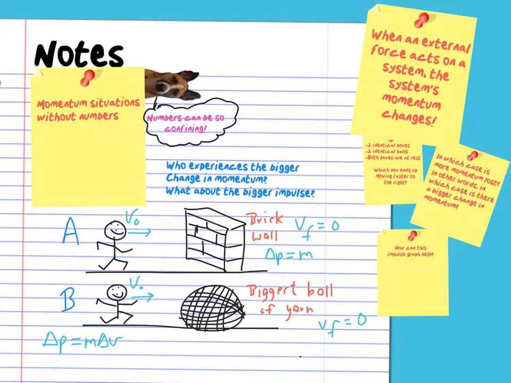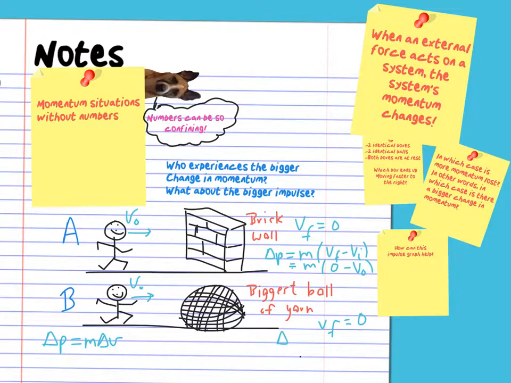Remember, they're identical. And it would be v final minus v initial, correct? So the change in momentum is equal to 0, the final velocity, minus V naught. So that would be negative m times V naught.